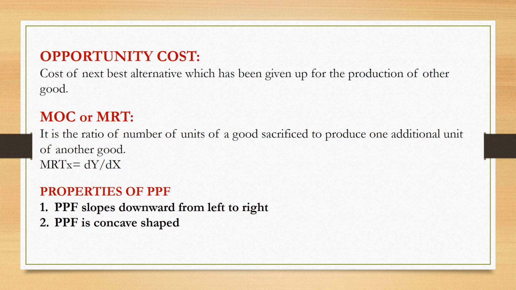Next is marginal rate of transformation. It is the ratio of the number of units of a good sacrificed to produce one additional unit of another good.